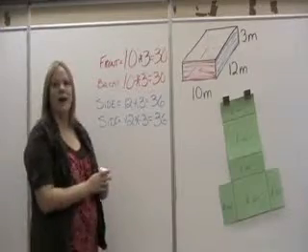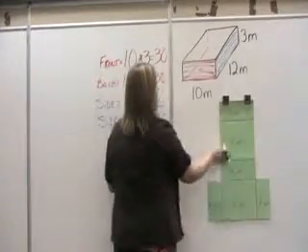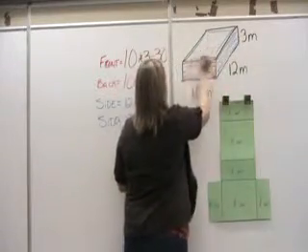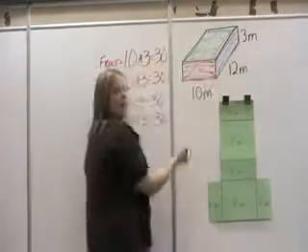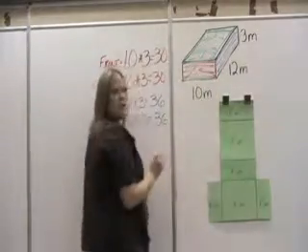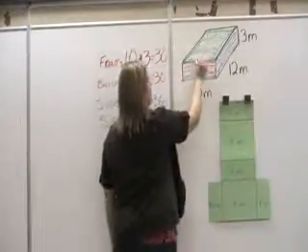Finally, I need to look at the top and the bottom. If I look at the top of my prism, I look at this line first, and I know that has to be the same as this one, so it's 10 meters.